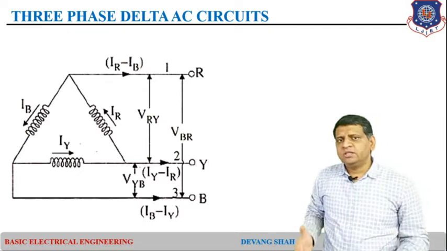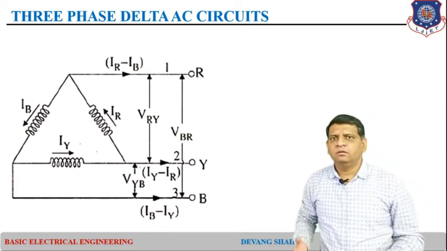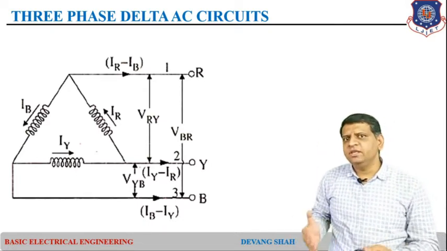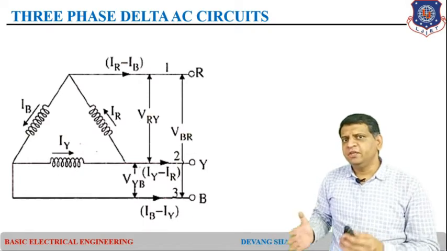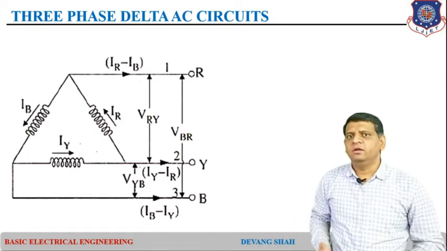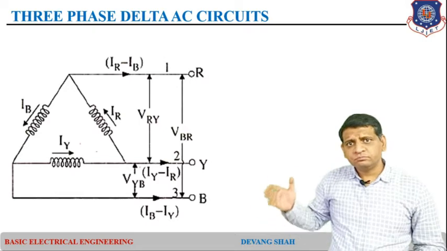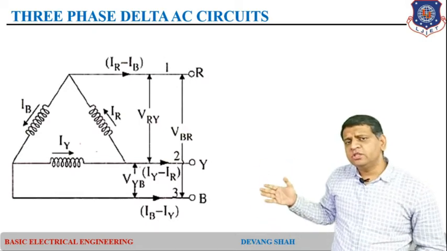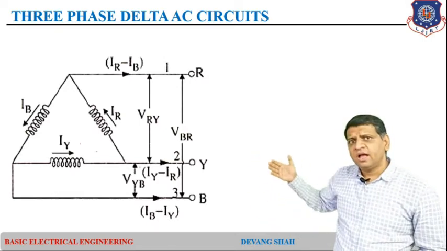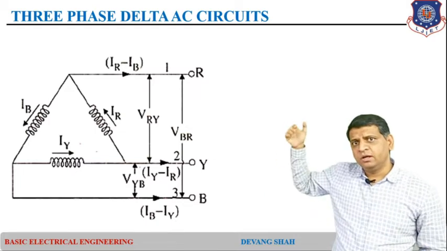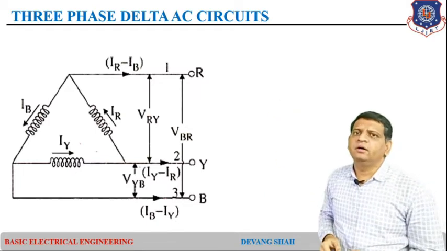So, the voltage drop across each line you can consider as VRY, same way VYB and VBR, right. So, here the current that passes through each phase we define as IR, IY and IB, which is nothing but ultimately passing through the line.